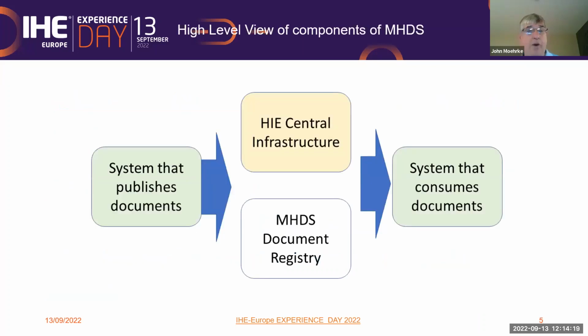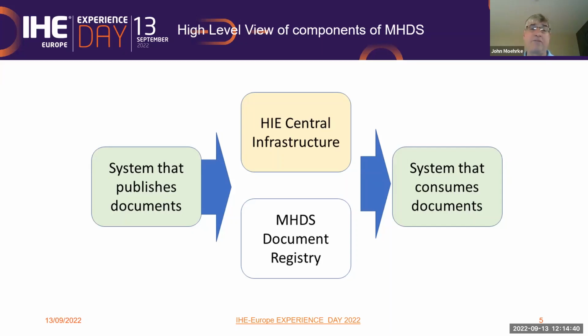All right, so now we get to MHDS, and this is the fundamental, highest level diagram. It's four actors, if you will, but you'll see in a little bit, they're not exactly actors, but they are an abstraction into this concept.